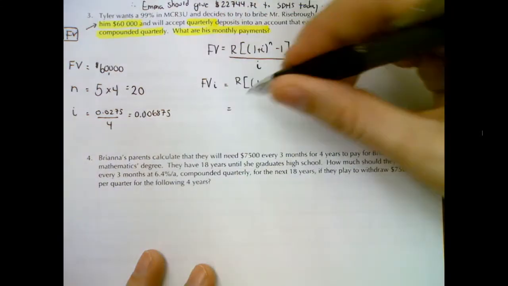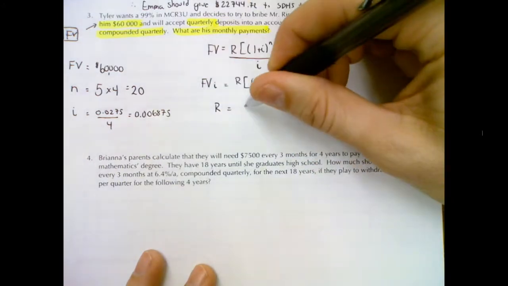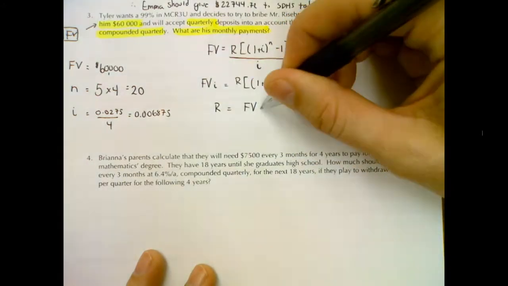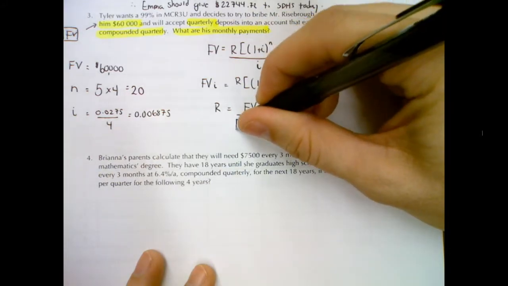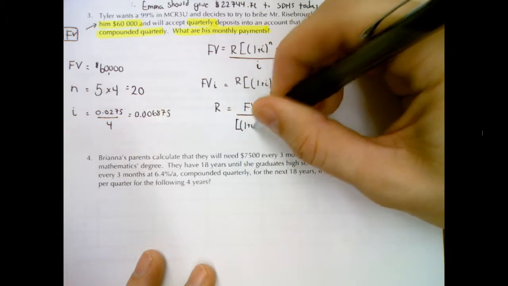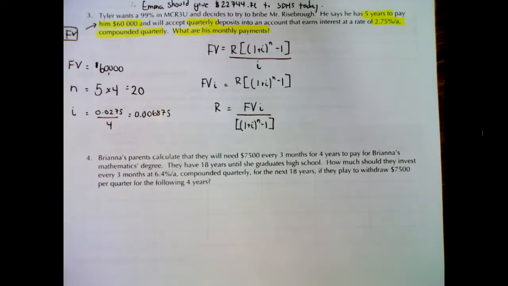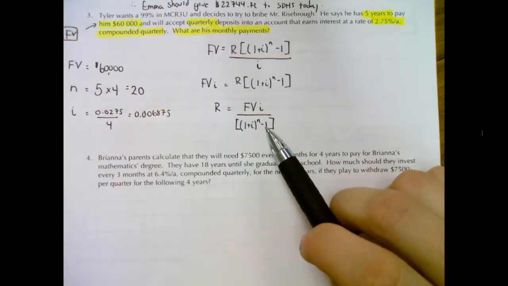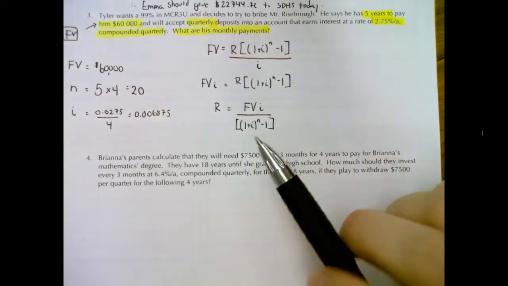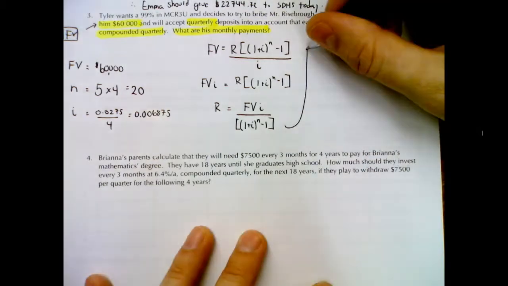And that ends up with R, I'm going to switch sides, is equal to FV times i, divided by the big bracket, (1 plus i) to the n minus 1. And that's how we can rearrange and isolate for R. You won't be given this equation. You'll have to be able to rearrange and get it on your own. Now that we can fill in FV, i, and n, we can solve for R. So I'm going to do that up here.